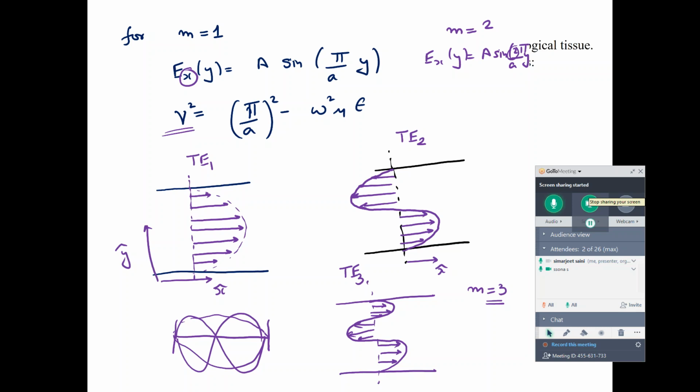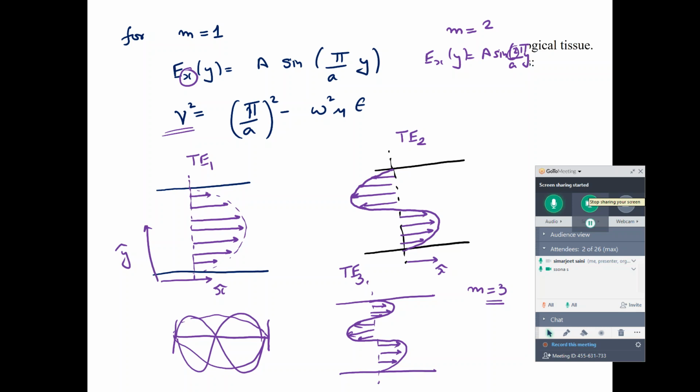And if you notice, we have two conductors. Those two conductors are almost like walls. Those two conductors are forcing the electric field to go to zero. If I have a guitar string between two walls, I'm forcing the guitar string to be held at those two walls. The guitar string cannot move away from those two joints. By having two conductors, I'm forcing the electric field to go to zero there.